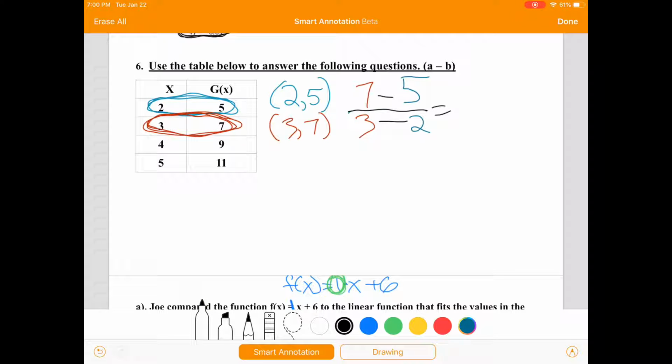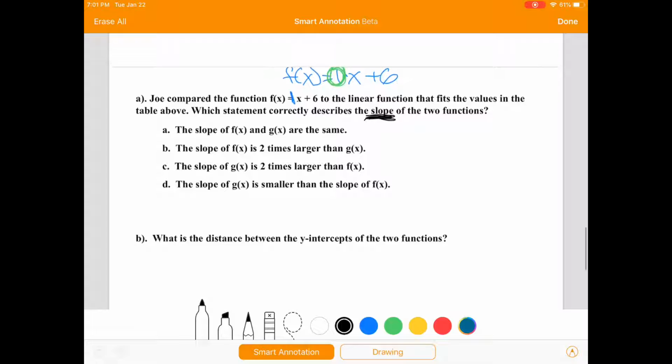So when we do this, we should get 2. Our slope will be substituted into our slope-intercept form, so we will have y equals 2x plus b.